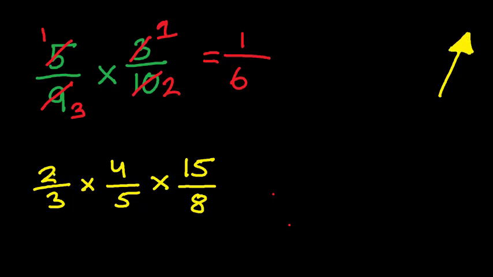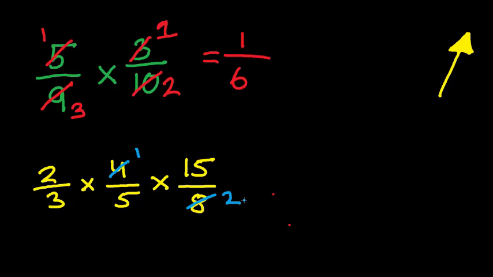If a number from the top and a number from the bottom can be divisible by a single number, then we can divide it. I can see here that 4 and 8 can both be divided by 4. So 4 divided by 4 is 1, and 8 divided by 4 is 2.